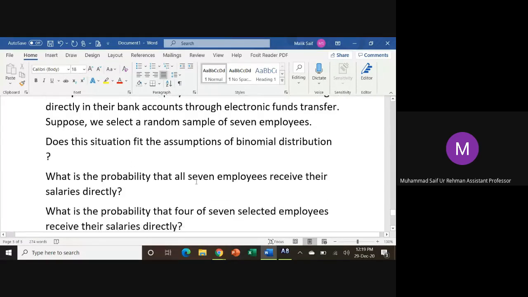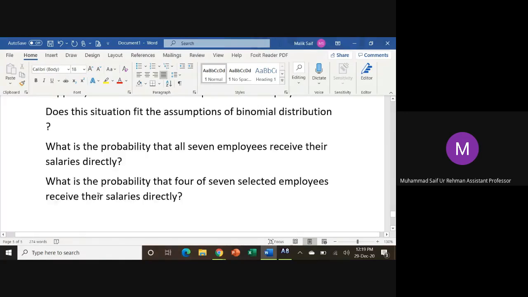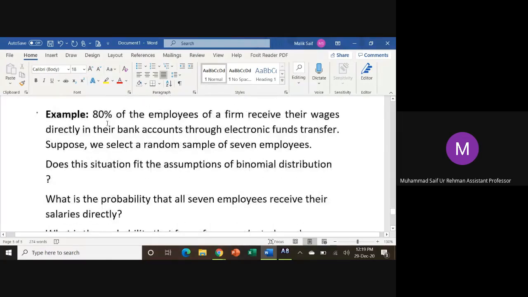binomial distribution. Right? What is the probability that all 7 employees receive their salaries directly in their accounts? Receiving salary in the account is the probability of success, and that is given as 80%. 80% of the employees have their salaries in their accounts.